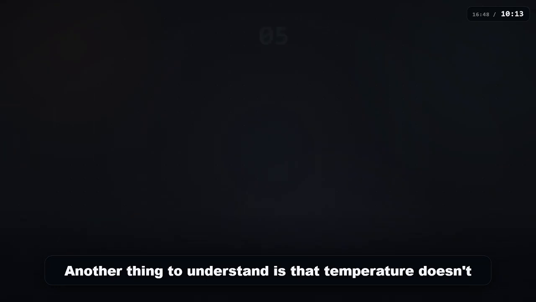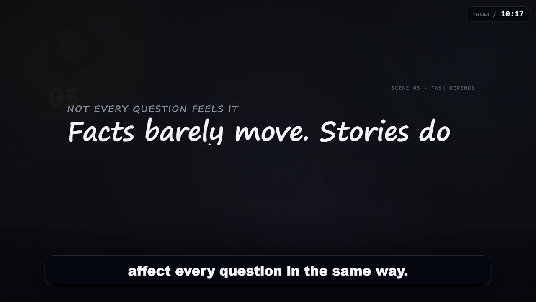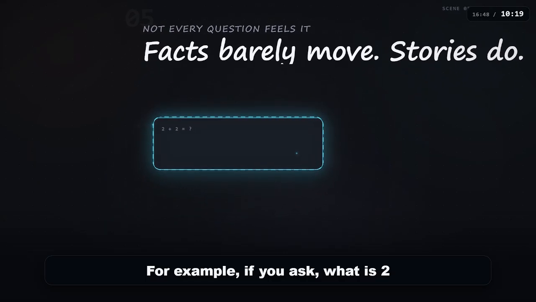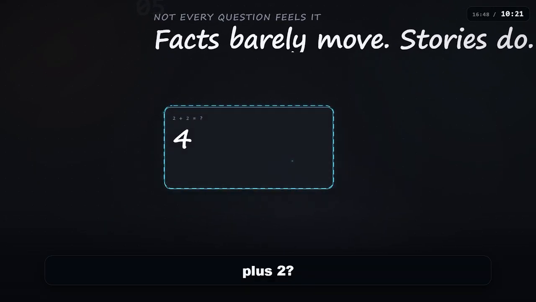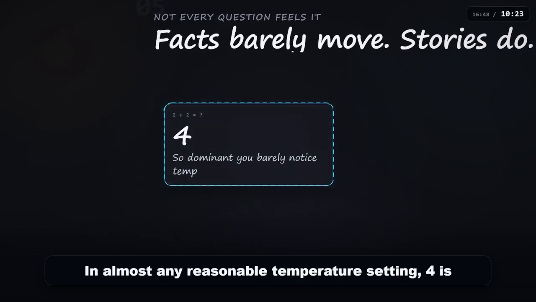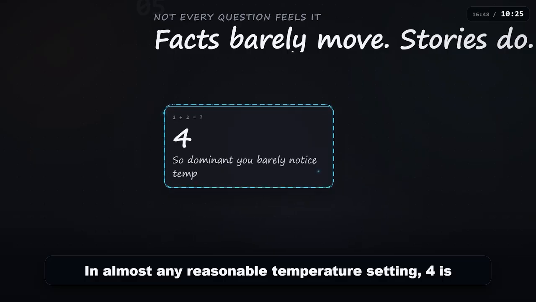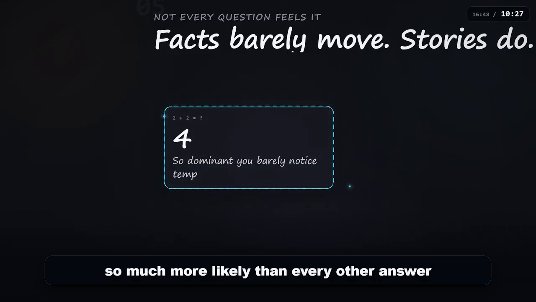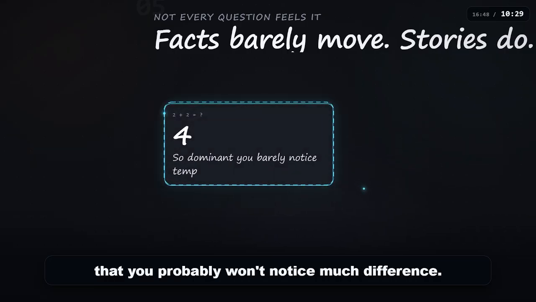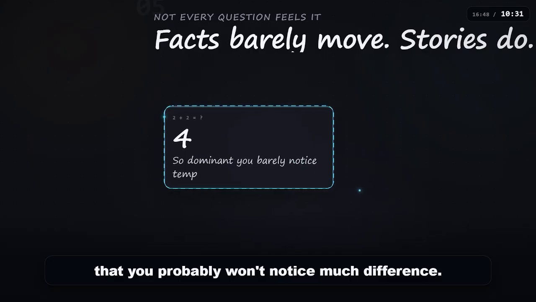Another thing to understand is that temperature doesn't affect every question in the same way. For example, if you ask, "What is 2 plus 2?" in almost any reasonable temperature setting, 4 is so much more likely than every other answer that you probably won't notice much difference.